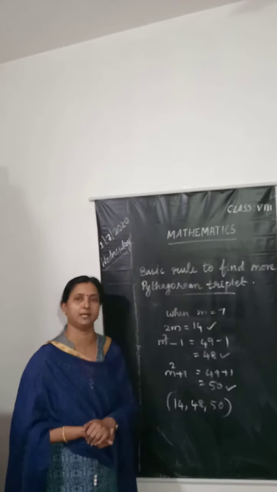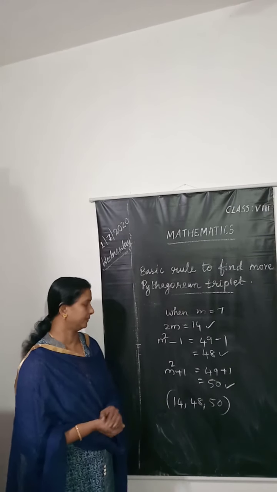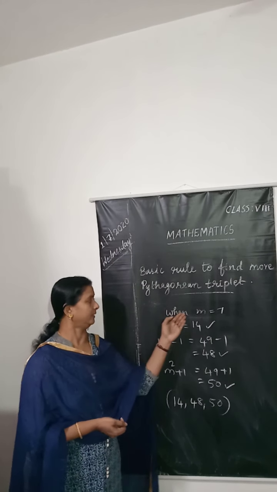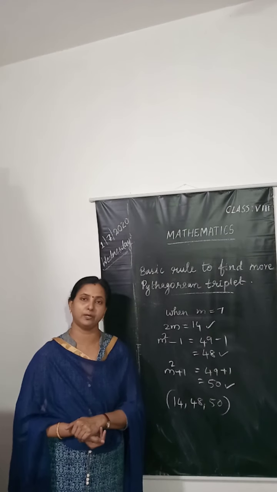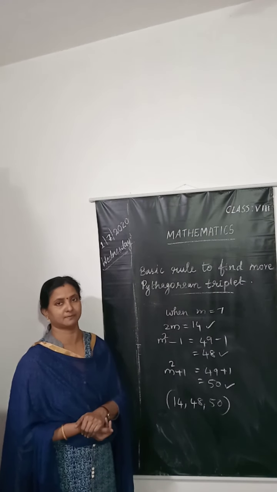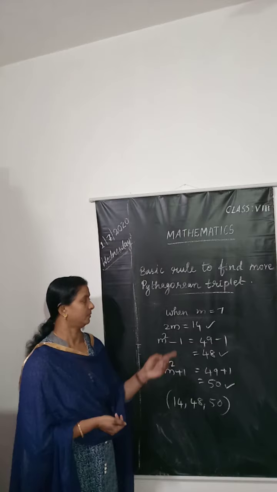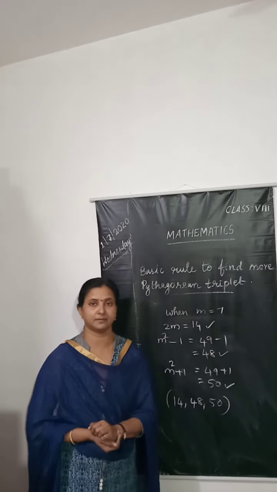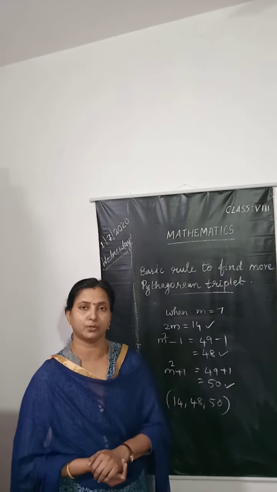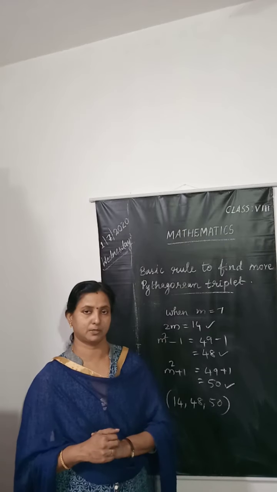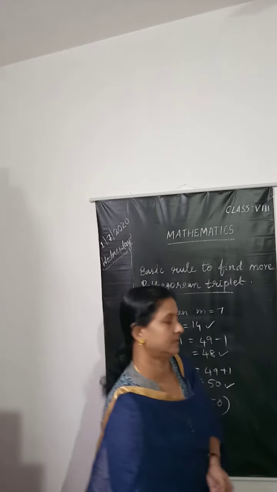Now let us see, when only one member is given, how will you find the remaining numbers? Suppose only one number is given. One of the members is given and you want to find the remaining members. How to find it? See here.